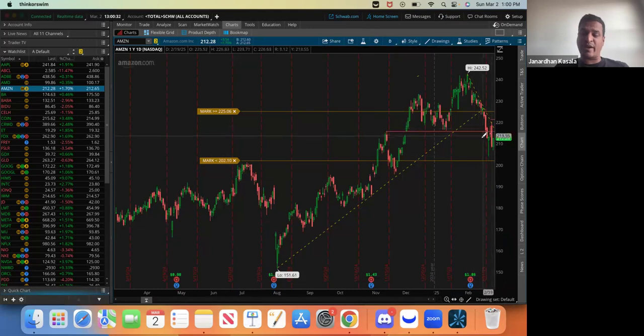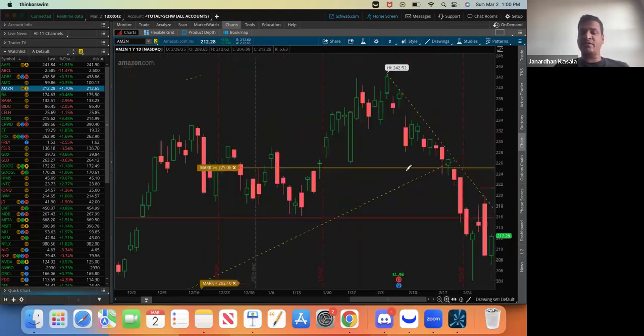Are you trying to predict for Monday, for the next week, or short term? What are you trying to do? At least if you take this example, if I have to guess, looking at these two candles, this is a strong reversal here.